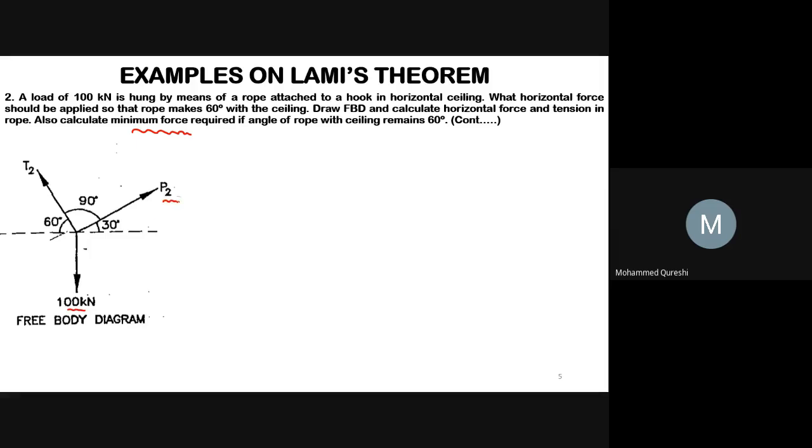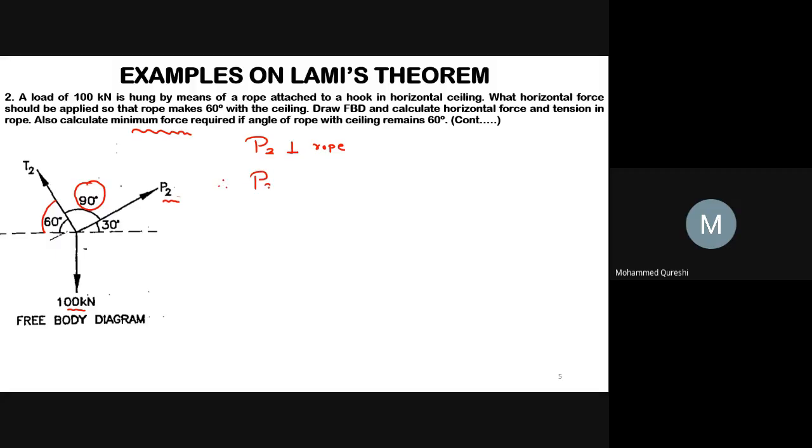As P1 is already calculated for the first condition, I will write over here P2 as the minimum force, and in such a condition your force must be perpendicular to the rope. If the angle of the rope with the ceiling remains 60 degree, hence the minimum force P2 must be perpendicular to the rope.